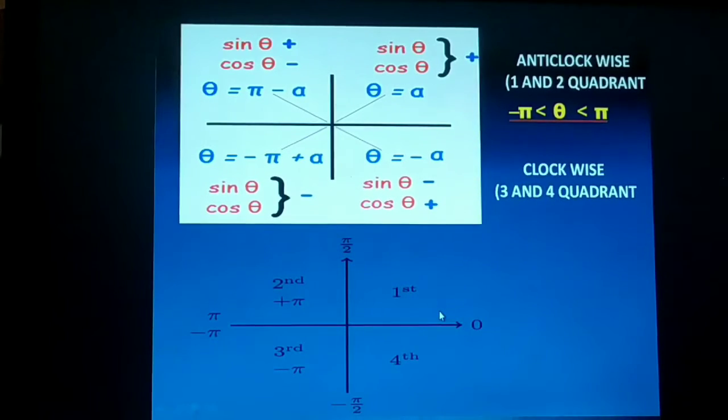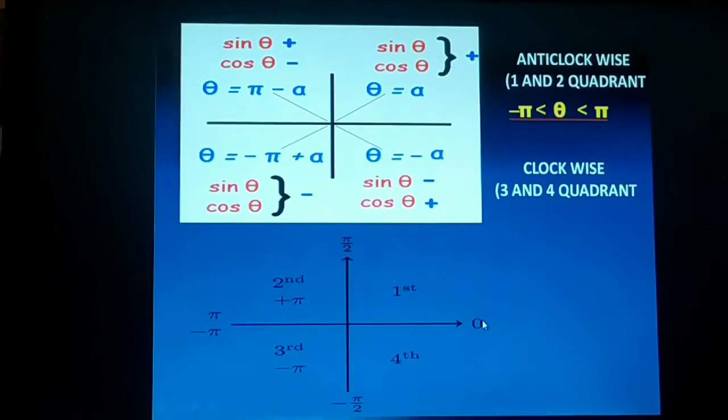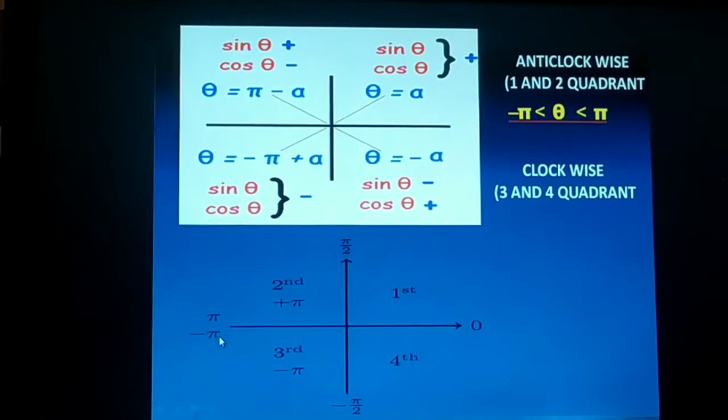So here 0, pi by 2, pi, and when we move clockwise it is 0, minus pi by 2 and minus pi. So when the point is here, what is the formula?